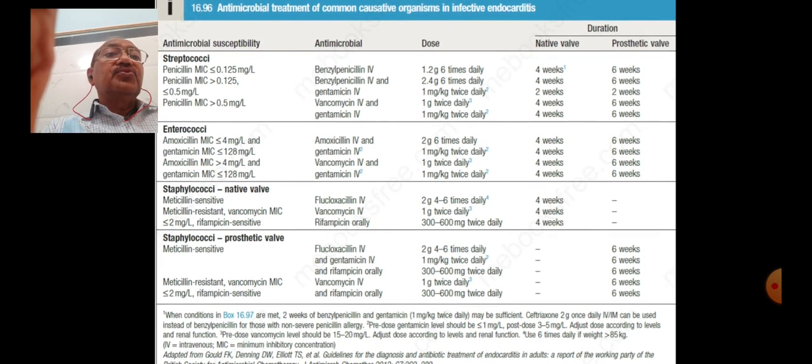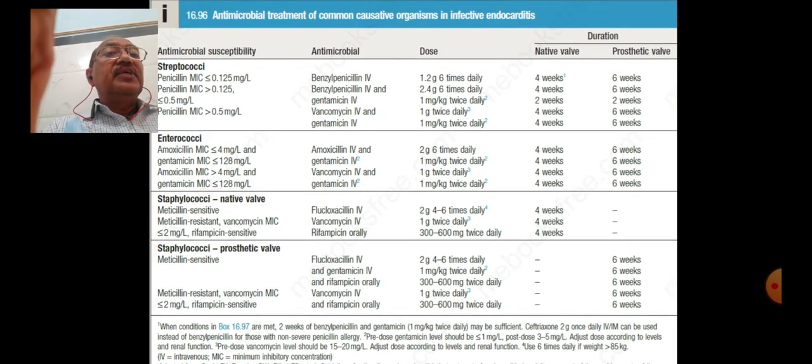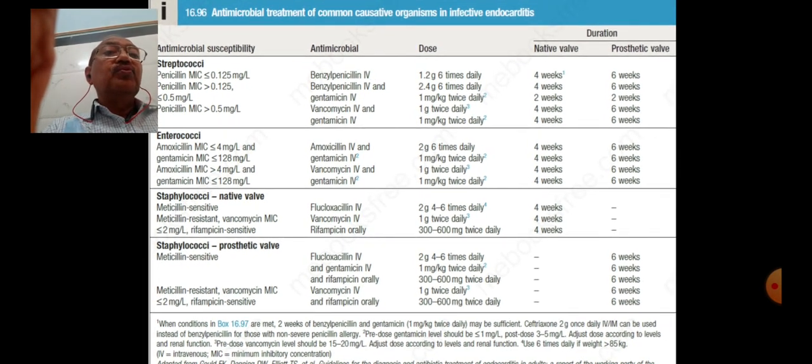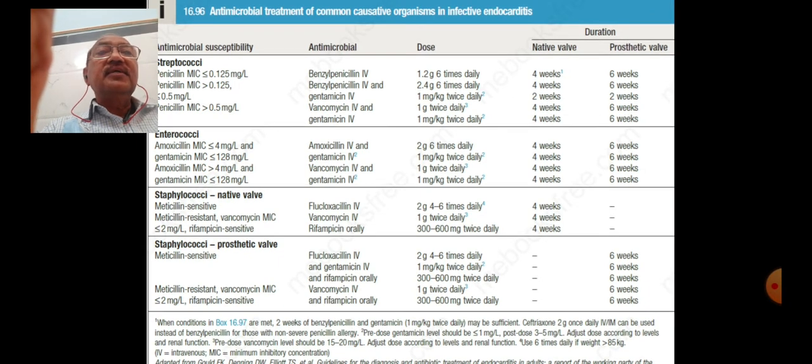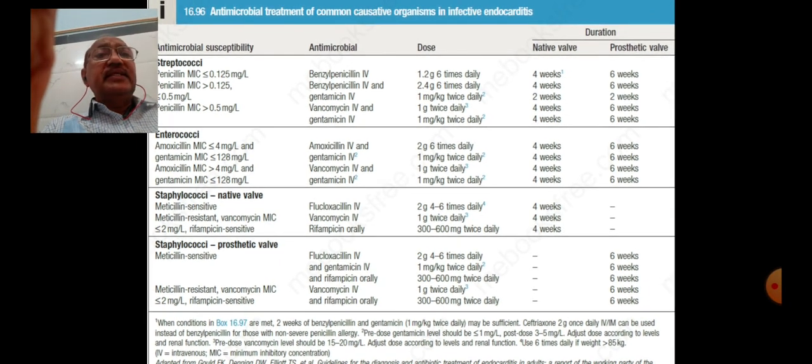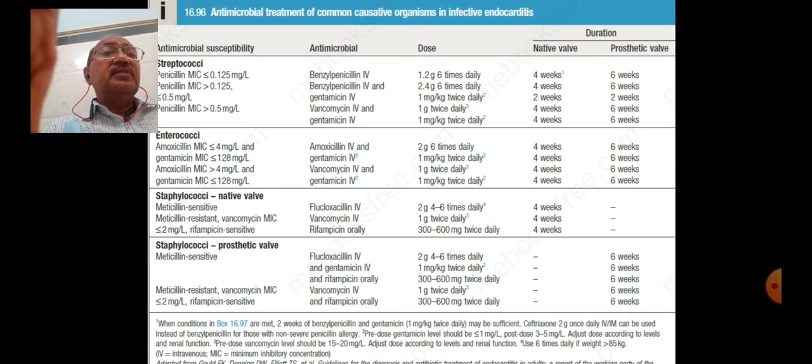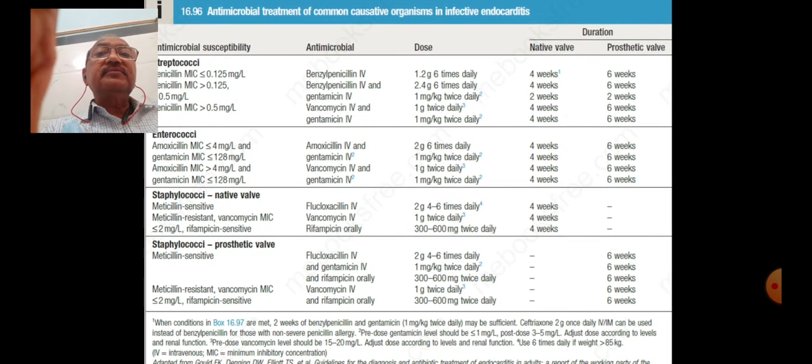They are also given IV for 4 weeks in the native valve, and in the prosthetic valve they are given for 6 weeks. When you are combining penicillin with gentamicin, then these have to be used for 2 weeks.